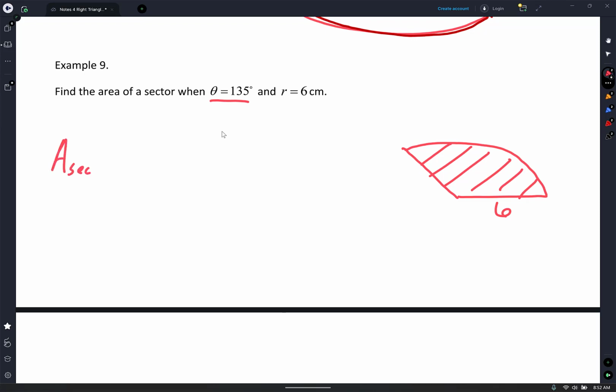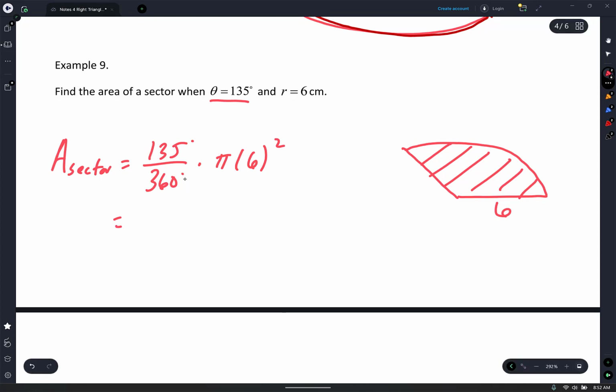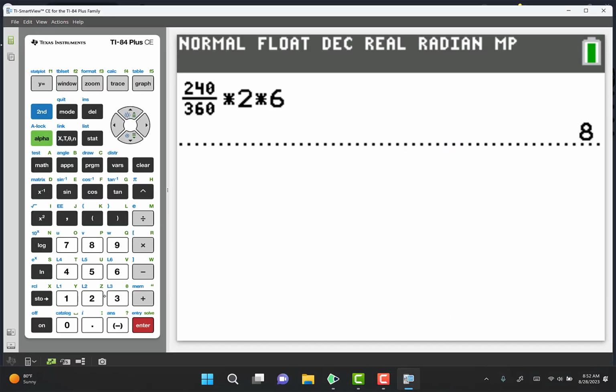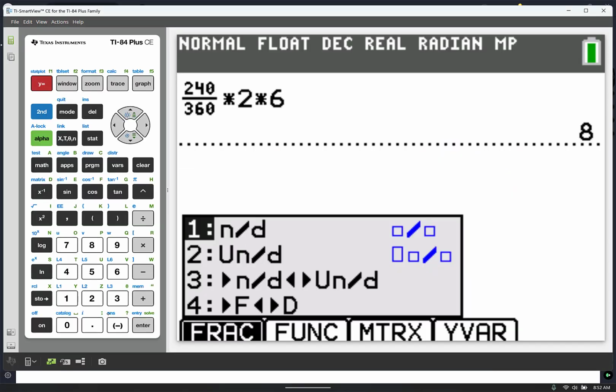So here we go. Area of sector is equal to 135 degrees over 360 degrees. So that acts like a percentage times pi times 6 squared. So I'm going to take my calculator and I'm just going to go 135 over 360 times 36. So I'm going to leave it in terms of pi.